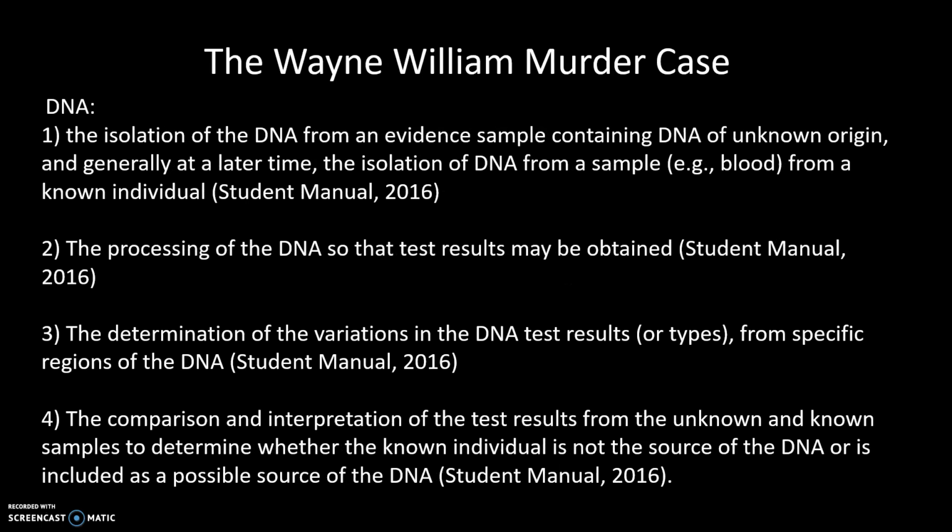Another way forensics is used in the criminal justice field is DNA evidence. Though there was no DNA evidence to connect Wayne Williams to the murders, these are other techniques that can be used to help the criminal justice system in processing a victim.